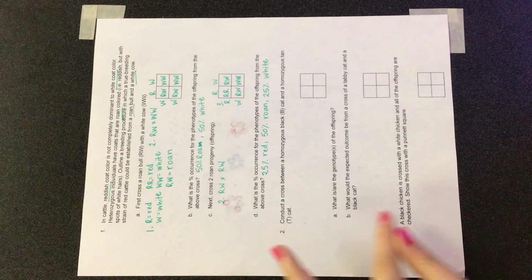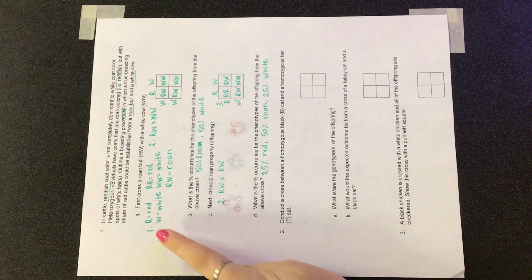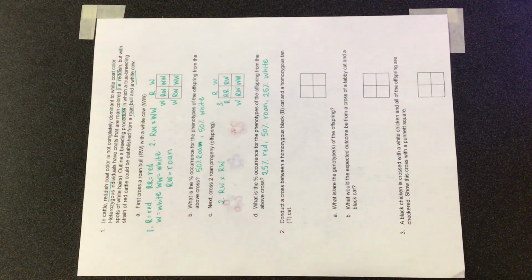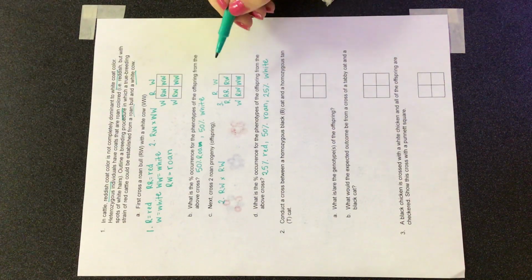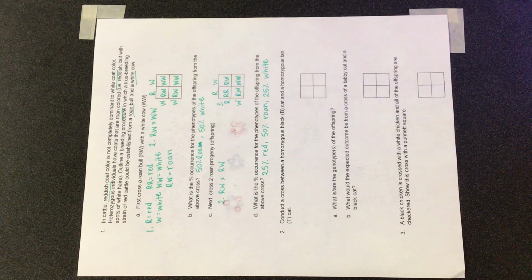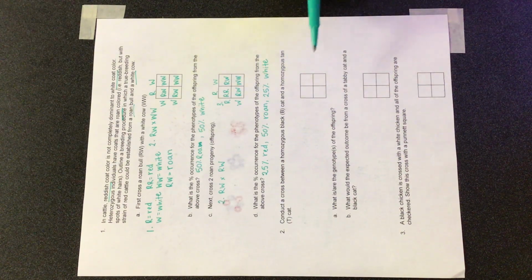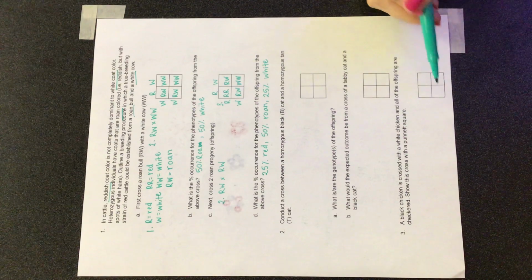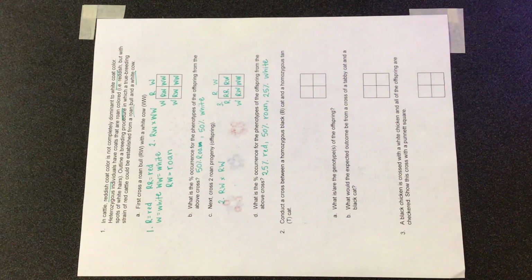In problems 2 and 3, follow all 4 steps of a Punnett square problem to determine the answers. Assign the letters for the genotypes, then cross the parents, write out the parent cross, then fill in the Punnett square, and then answer the questions. Pause the video to complete both 2 and 3, and then come back for the answers.